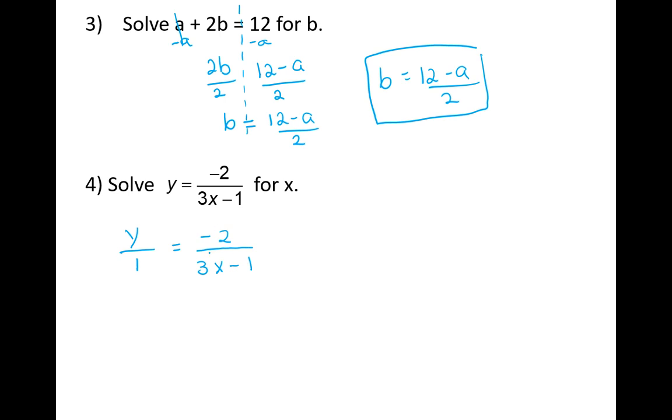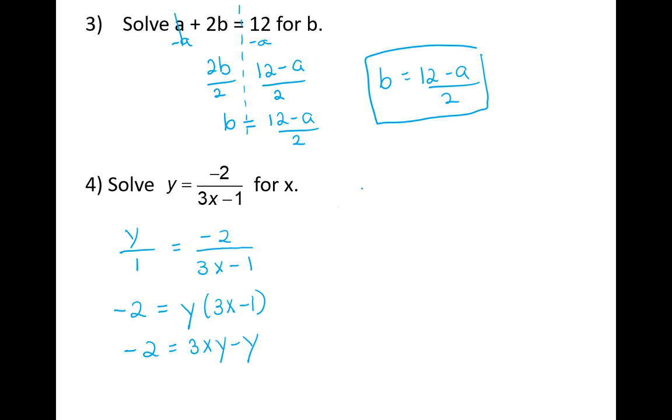We are going to cross multiply. I have mixed feelings about how to do this one. So when we cross multiply, we're going to get negative 2 equals y times 3x minus 1, which gives me negative 2 equals, I have to distribute, 3xy minus y.